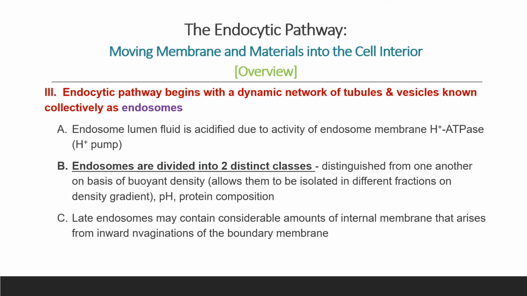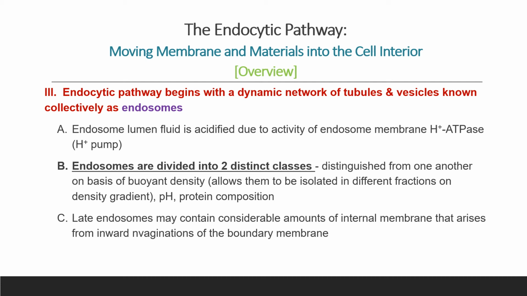The endocytic pathway begins with a dynamic network of tubules and vesicles known collectively as endosomes. Endosome lumen fluid is acidified due to the activity of the endosome membrane hydrogen ATPase, or hydrogen pump. Endosomes are divided into two distinct classes.